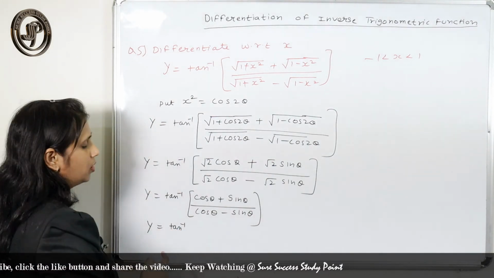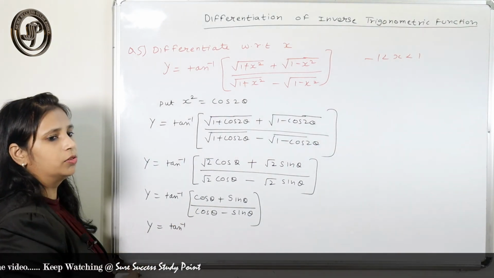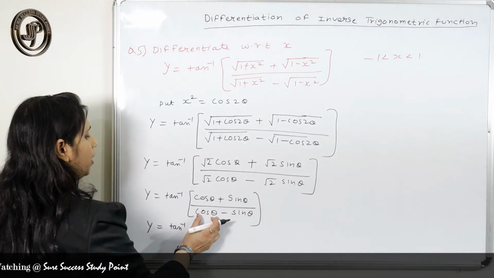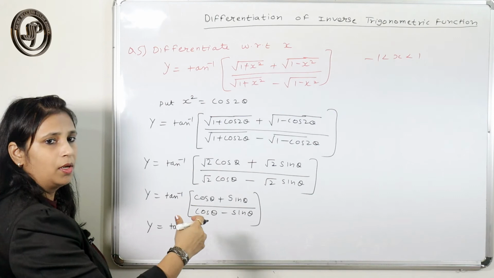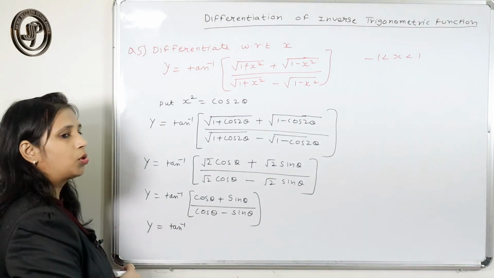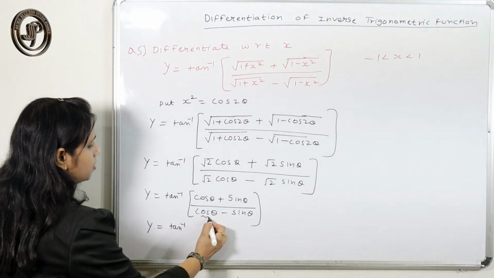Now it is tan inverse. In the previous question, I told you if the question comes in this form, with tan inverse or cot inverse, then we have to divide the numerator and denominator by this term only.